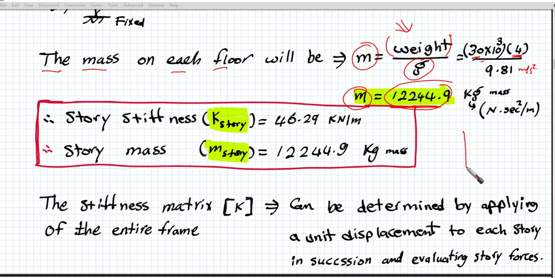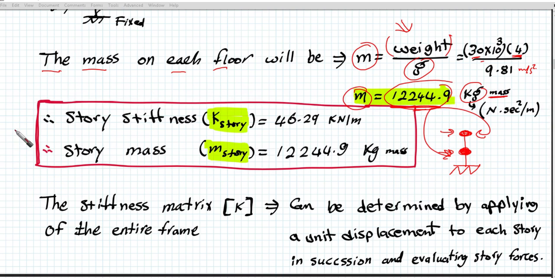What is the meaning of this? This means that we are going to have lumped masses at each floor with this value. We are talking about kilogram mass, which means Newton second squared over meter.